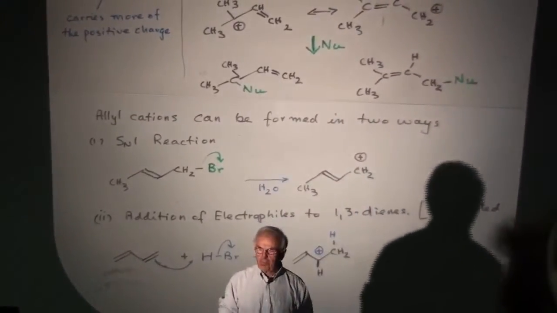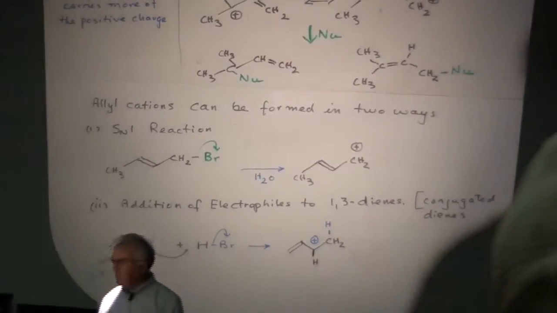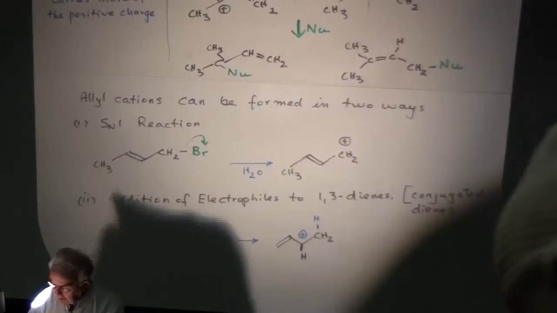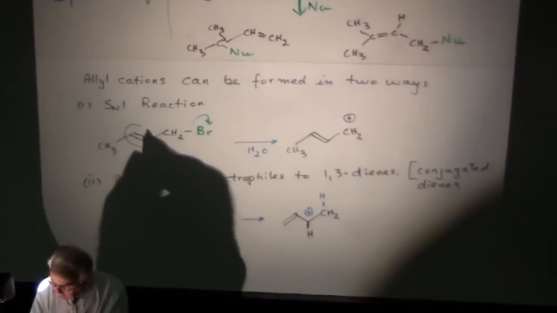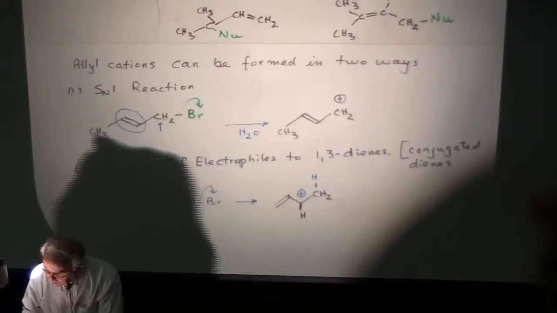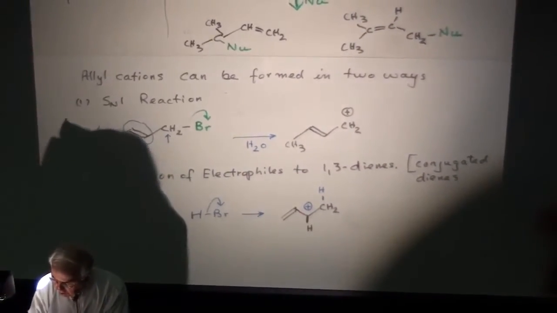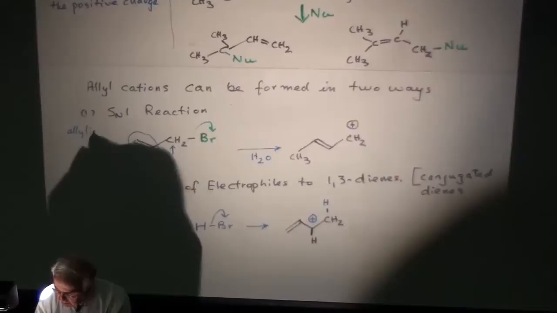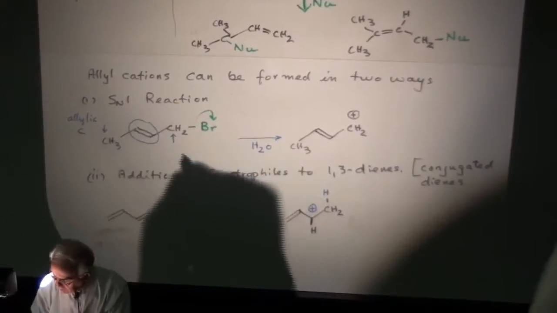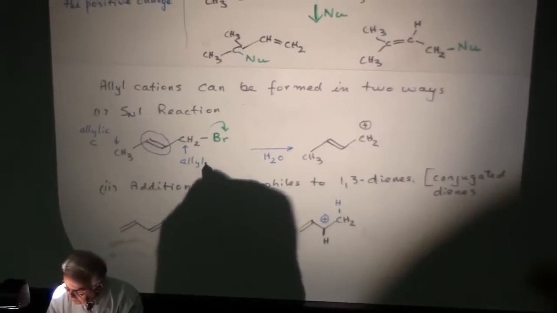And you ought to be comfortable with the idea that this is the pi system, and the adjacent carbons are called allylic carbons. And so is that one.